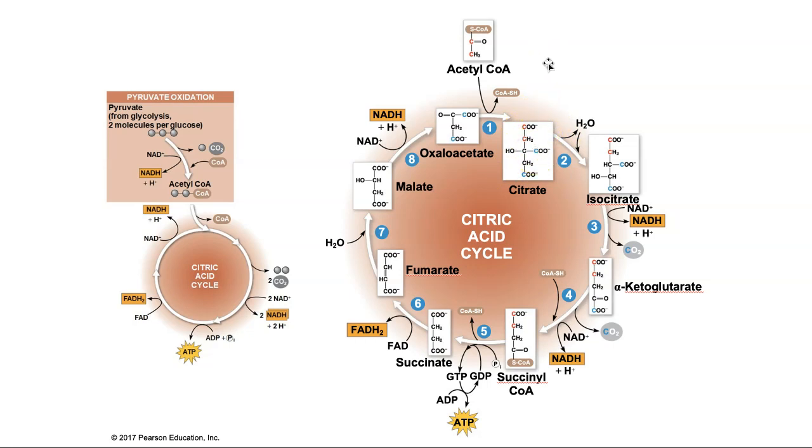So what happens to citrate that eventually turns it into a 4-carbon oxaloacetate? So obviously, we're going to be losing 2 carbons. Can you see how they're lost?